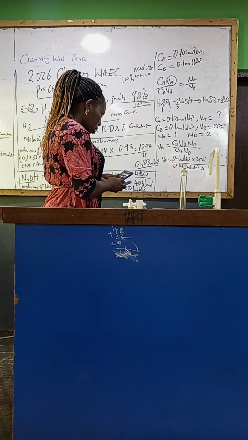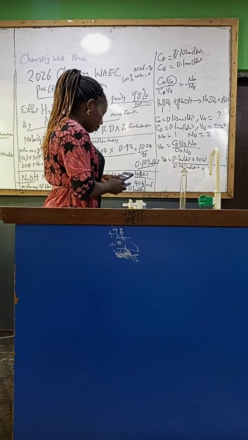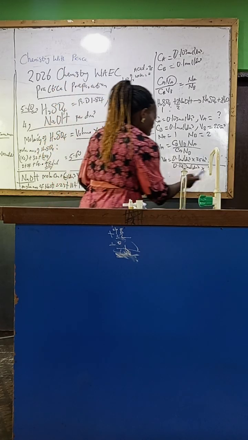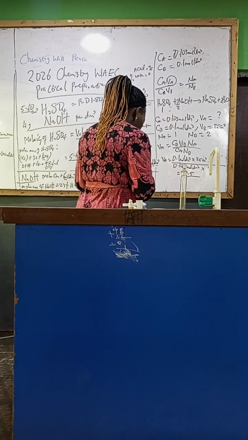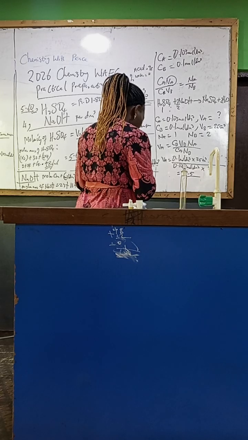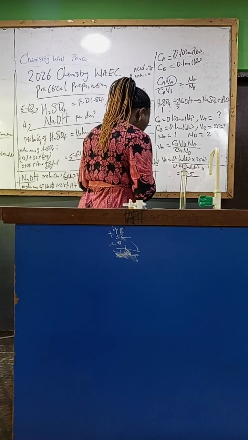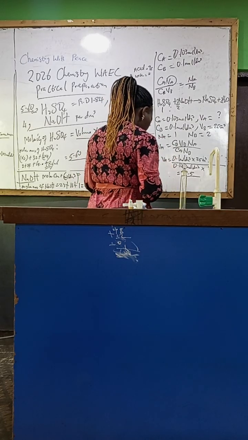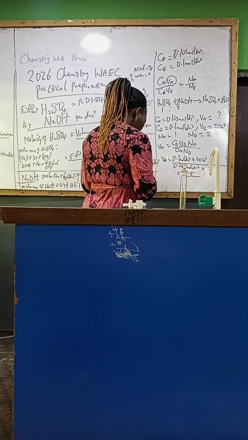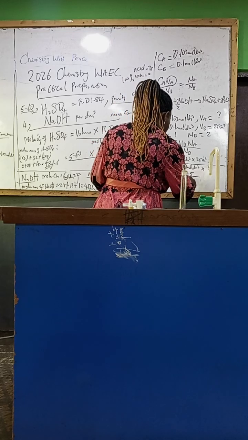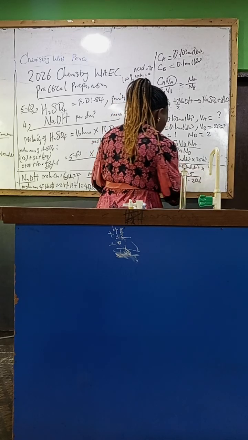0.1 times 25 times 1 equals 2.5. So at this point we have 2.5 all over 0.206.